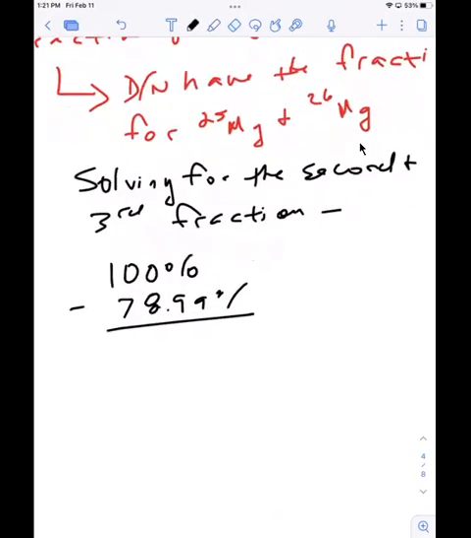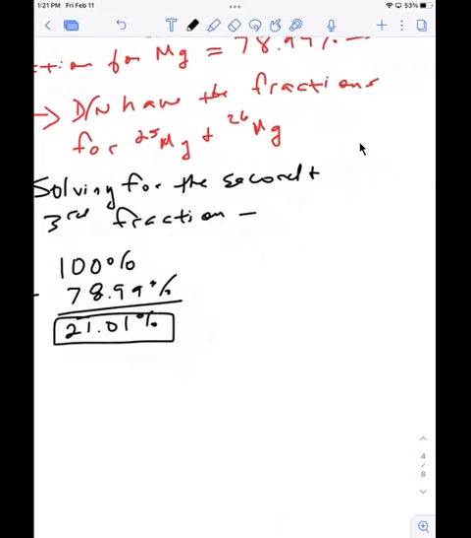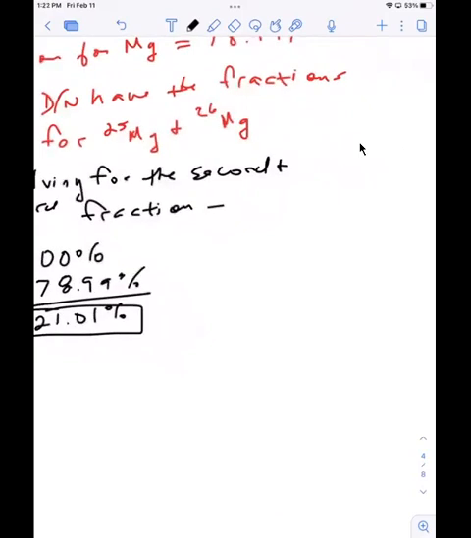Just remember, all the fractions have to add up to 1. All the percentages have to add up to 100. So 78.99%, what am I left with? Is that right? Yep. 21.01%. So those other fractions have to add up to 21.01.